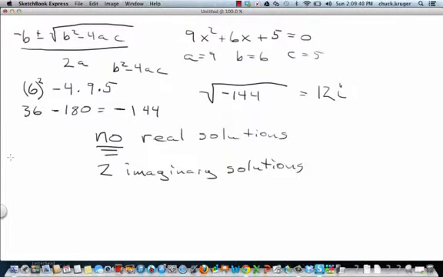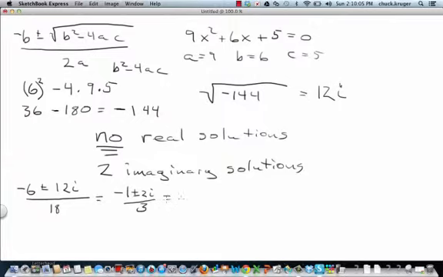If I continue on, I would have the opposite of b, plus or minus 12i, over 2 times 9, which is 18. This can be simplified down; I think I can divide all those by 6. So I have a negative 1 plus or minus 2i, over 3.